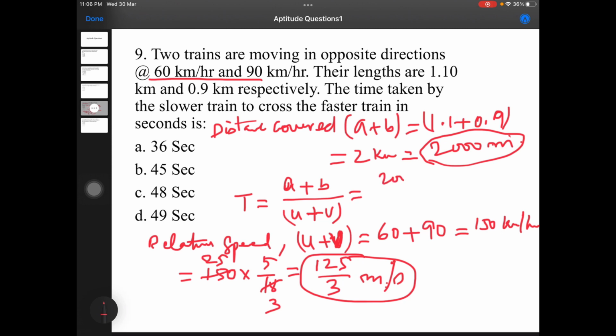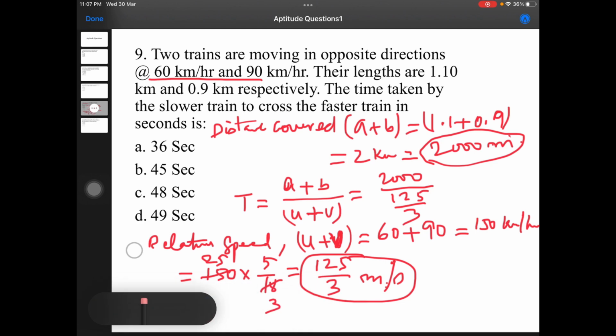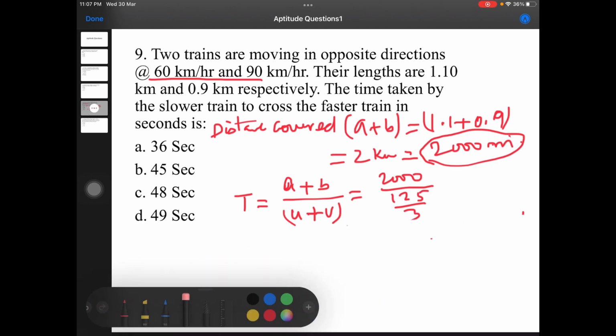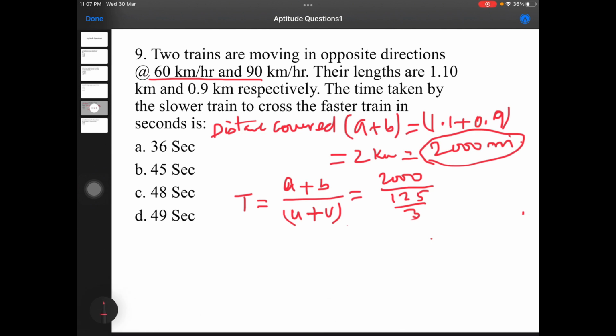So a plus b is equal to 2000, whereas u plus v we got 125 by 3. From here it follows t is equal to 2000, this 3 will go up, multiply by 3, and then 125.